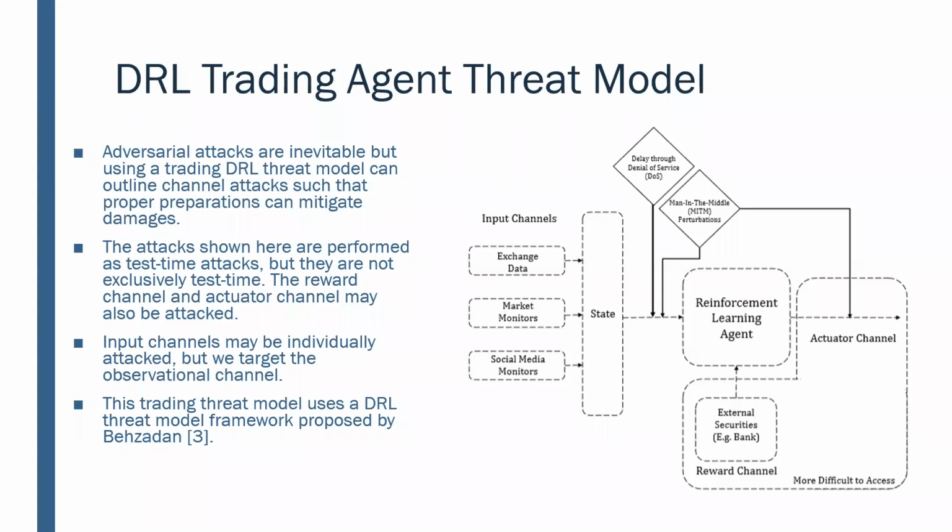Between the state vector and the reinforcement learning agent, we can insert attacks where we either intercept data from the state space and exchange it for minute perturbed tuples, like we did before, or we can do other attacks, particularly at test time, which can change the trajectory of the agent's action. You can see some other channels that can also be perturbed or attacked, but they aren't necessarily easy to reach.